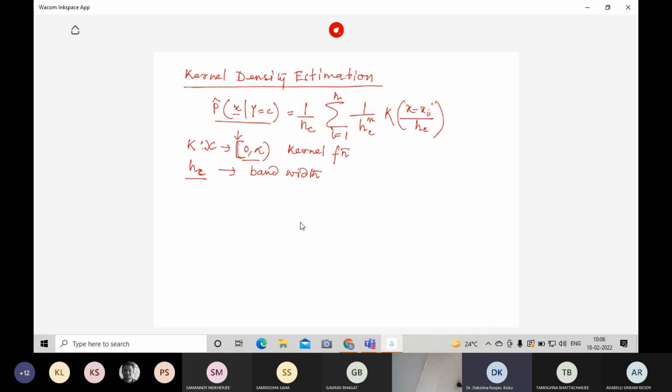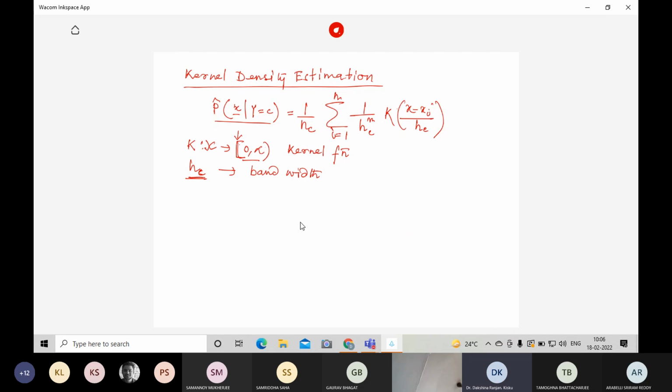Suppose there is a population and we get the curve of density in the given population. Using this bandwidth we can smooth the curve of this distribution or class density.